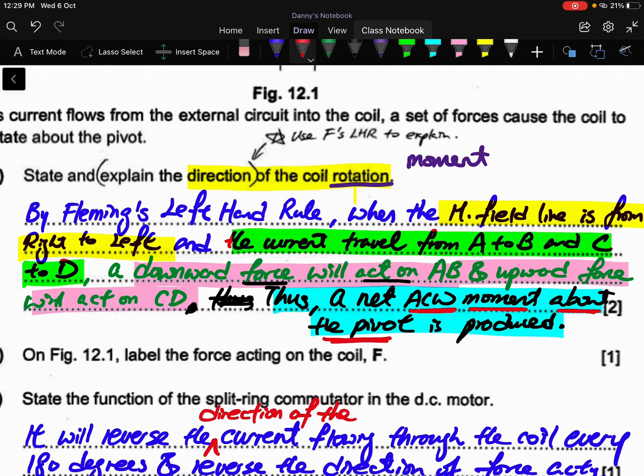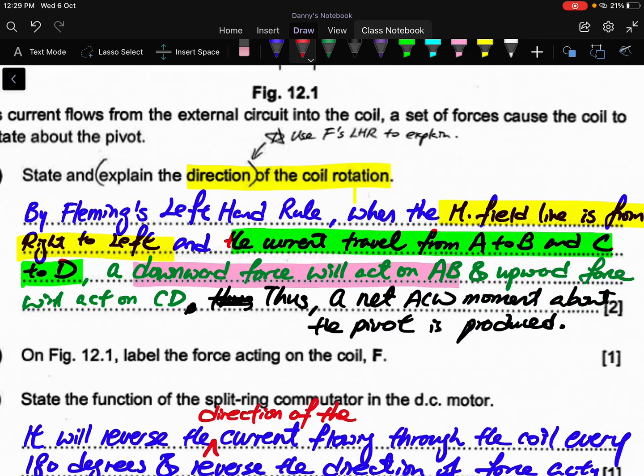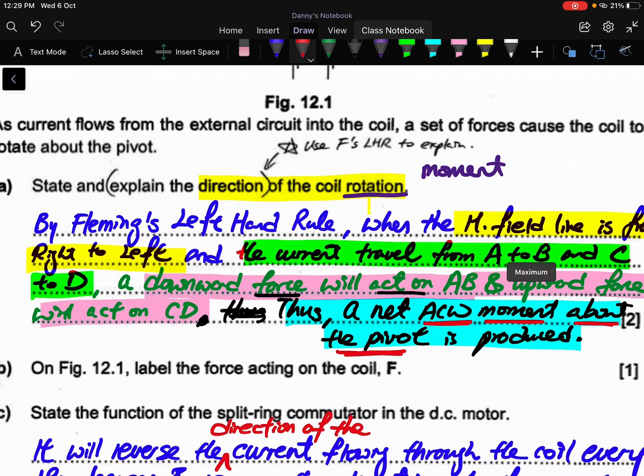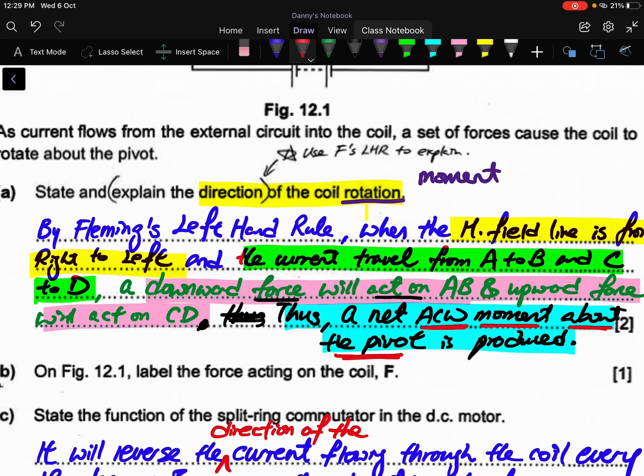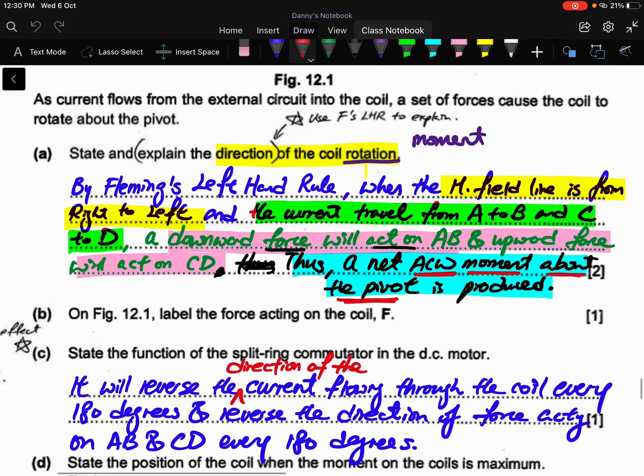In my previous video, I also mentioned that whenever you mention moment, you must tell me what this moment is caused by. But in this case, it is pretty obvious that this moment is caused by the downward force on AB and the upward force on CD. So I don't think you need to repeat it. Anyway, you only have 4 answer lines, so do not overcommit as well.